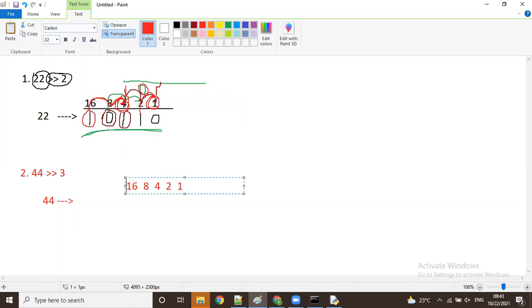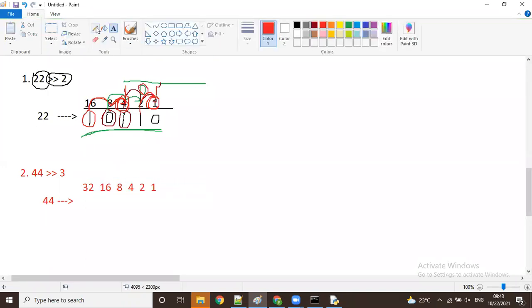Take the next value, 32. Now to get 44, what combination is required? 32 plus 8 is 40, 40 plus 4 is 44. So 16 not required, 2 not required, 1 also not required, guys.